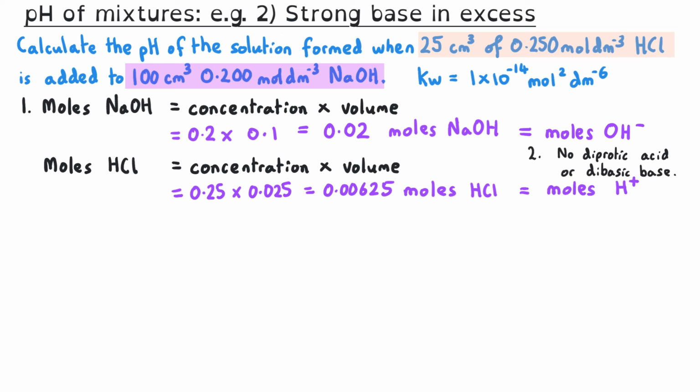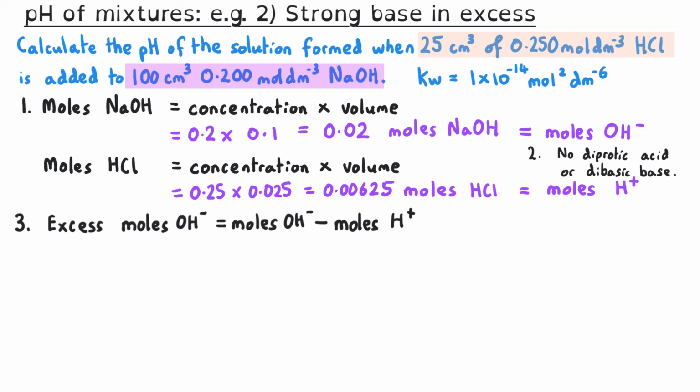Notice here we have no diprotic acid or no dibasic base, but it's always worth taking the time to check those formulae. So the moles of hydroxide is in excess because 0.02 is greater than 0.00625. Quite how much in excess? We have to subtract the 0.00625 away from 0.02, and that gets us 0.01375 moles of excess hydroxide ions.